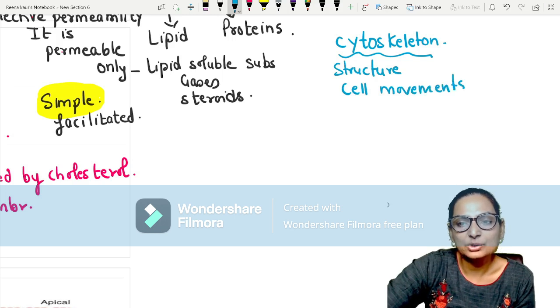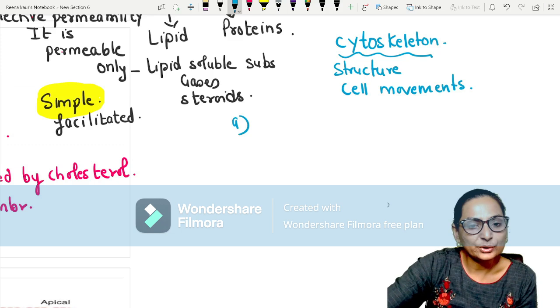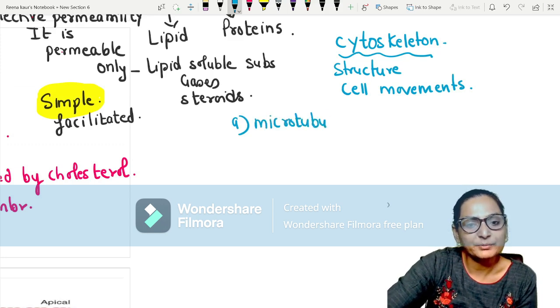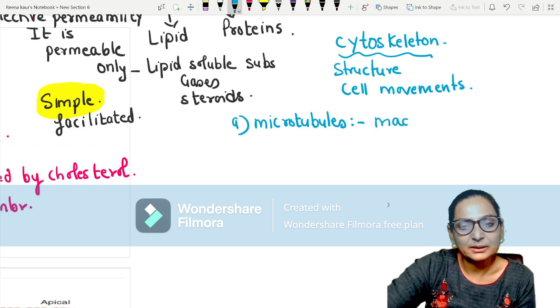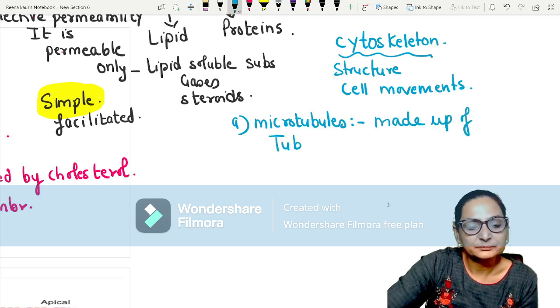There are three types. First are the microtubules. The microtubules are made up of a protein called tubulin.